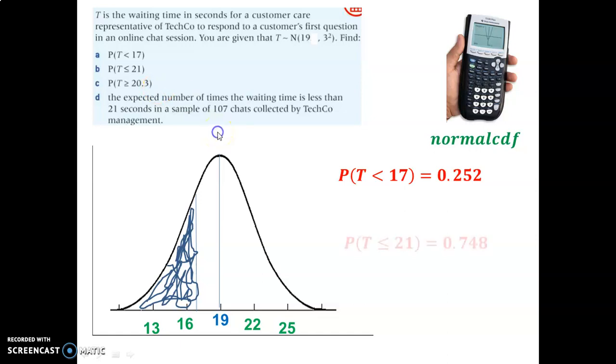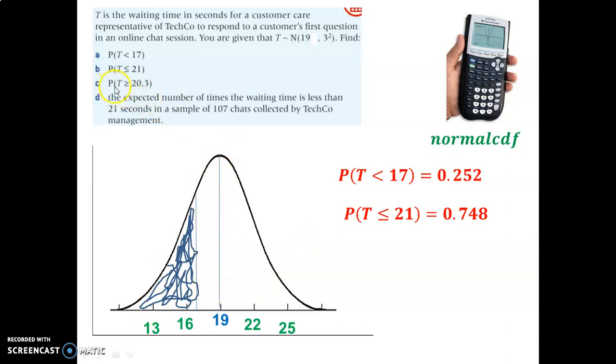So hopefully you calculated that the same way, and you got a probability of 0.748, which means about 75%. And that should make sense, because 21 would be right here. Anything below that would be a lot of the data, about 75% it tells us, because we have half the data to here, that's 50%, and then you have even more.